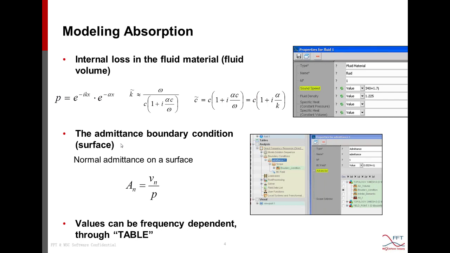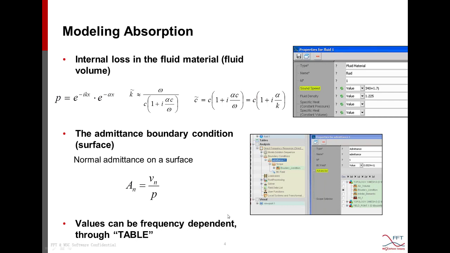In Actran, we apply an admittance value, which is the inverse of the impedance that could be measured in a Kundt tube, for example. So basically, we get the impedance or admittance and then enter it here in Actran as a value to this admittance component.